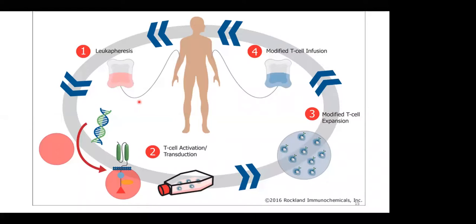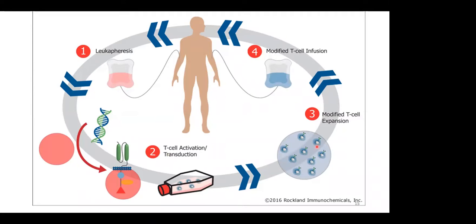Once we do the leukapheresis, the product is then sent for preparation or manufacturing of the CAR. Step 2 would be T cell activation or transduction, and then the cells are expanded in number until we reach the target dose that is calculated according to the body weight of the patient.